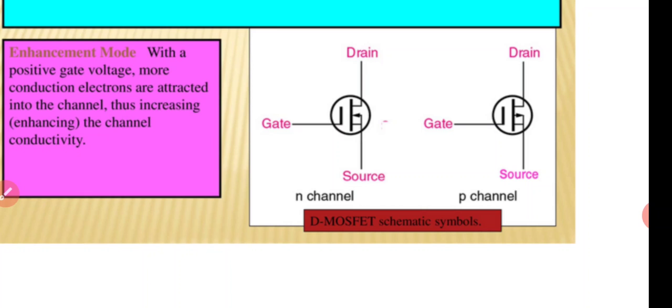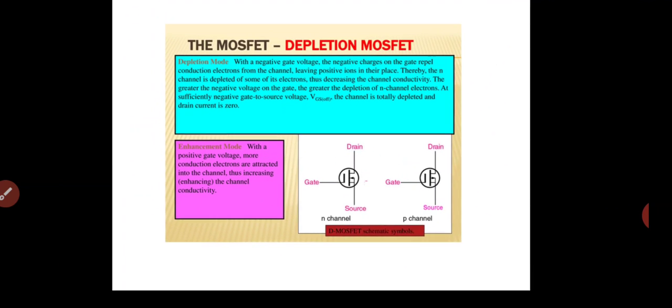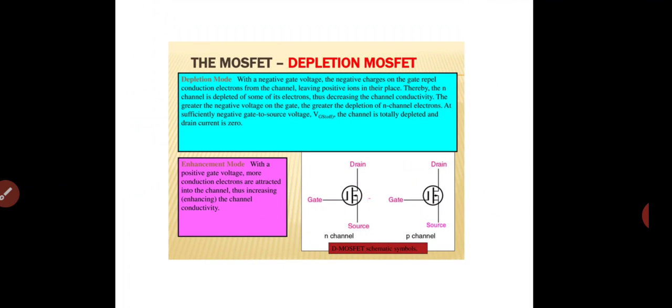And in enhancement type, with a positive gate voltage, more conduction electrons are attracted into the channel, thus increasing the channel conductivity. So we can say that in depletion type MOSFET, channel conductivity is reduced, but in enhancement type MOSFET, conductivity of the channel is increased due to the gate supply.